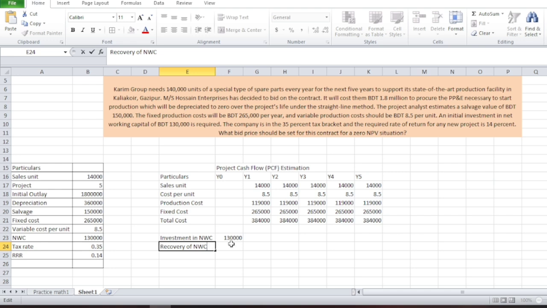It's not mentioned in the question whether our net working capital was recovered or not, so we are just assuming that it was recovered in year five. Since we are calculating our cost, the recovery is a cash inflow, so we are using a minus before it because it reduces the cost amount.